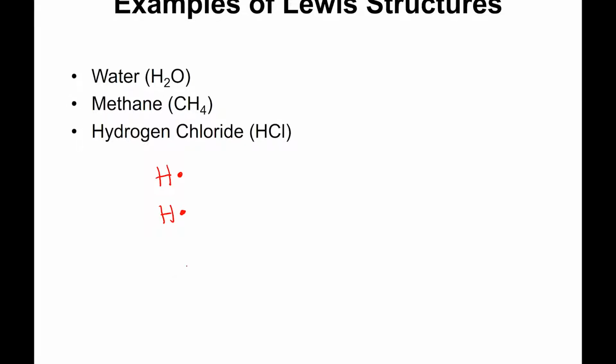Oxygen has 6 electrons. When drawing the electrons around an atom, you're going to individually draw electrons until you reach 4 first. So 1, 2, 3, 4. Once you reach 4, you're then going to start pairing until you reach the number of electrons that that element has. So in this case, 5, 6.